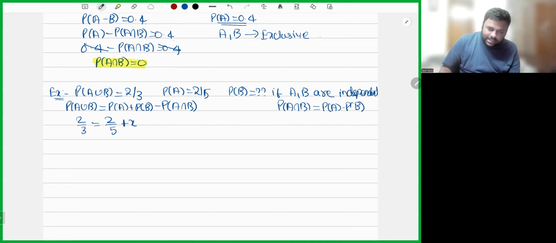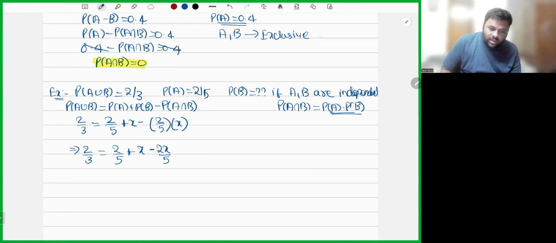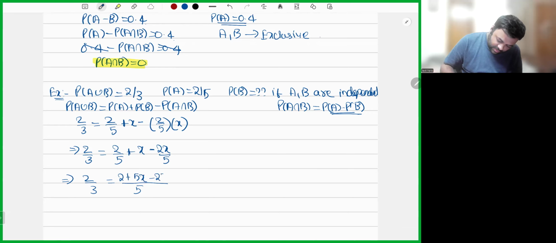So let us assume it as X, minus P of A which is 2 by 5, into X. So 2 by 3 is equal to 2 by 5 plus X minus 2X by 5. Let's take an LCM. 2 by 3 is equal to, LCM is 5, 2 plus 5X minus 2X.